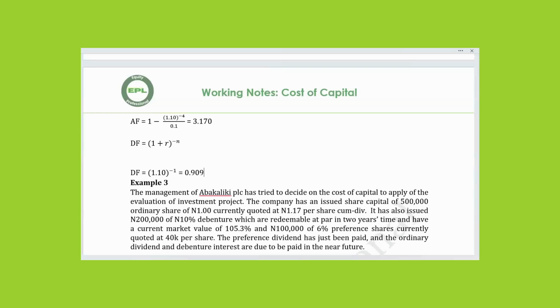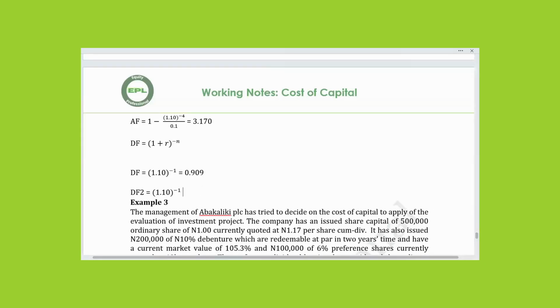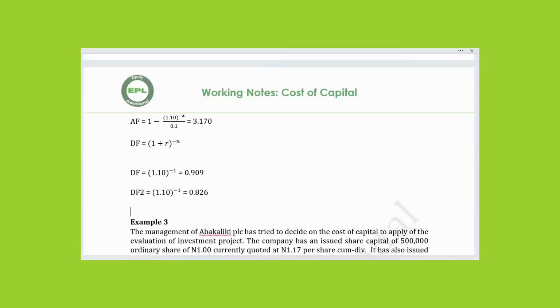For year 2, discount factor of year 2 will be the same 1.1 raised to power minus 2, which will give you 0.826. You continue to do it like that. For year 3, this will give you 0.751.